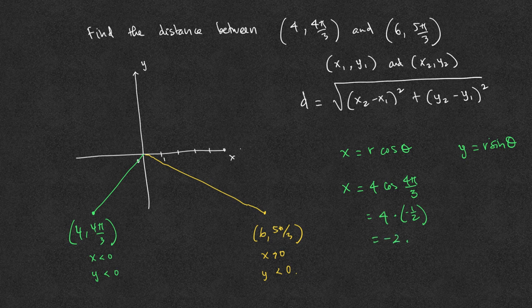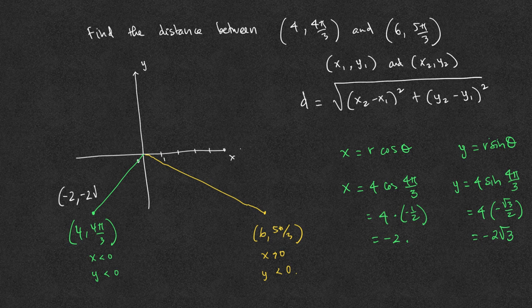The second coordinate of the first point is y equals 4 times sine of 4π/3. Sine of 4π/3 is negative root 3 over 2, so this is negative 2 root 3.